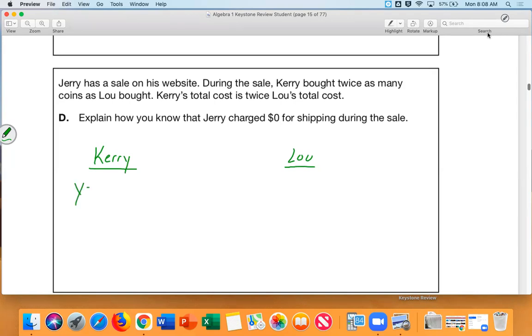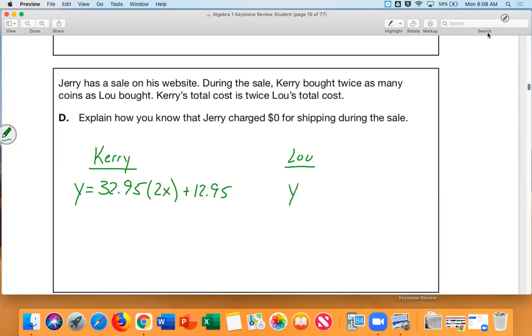So we have y equals 32.95. And Carrie bought twice as many coins as Lou, right? So I put in 2x right there. Do you see that? Plus 12.95. You okay with that? So that's the equation that was given to us at the beginning.